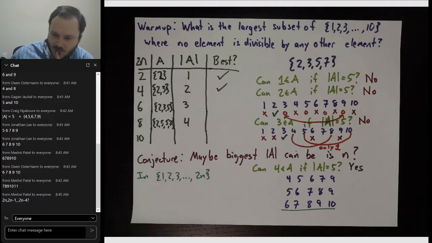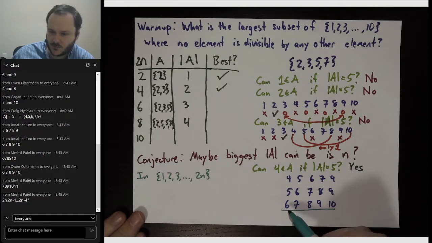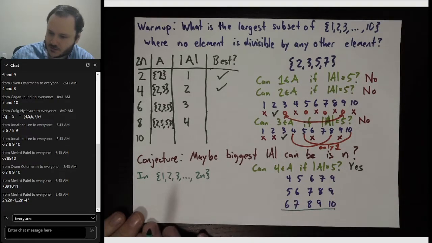Claim we can do better than that even. You can think of 6 as 2n minus 4. You can also think of 6 as n plus 1.